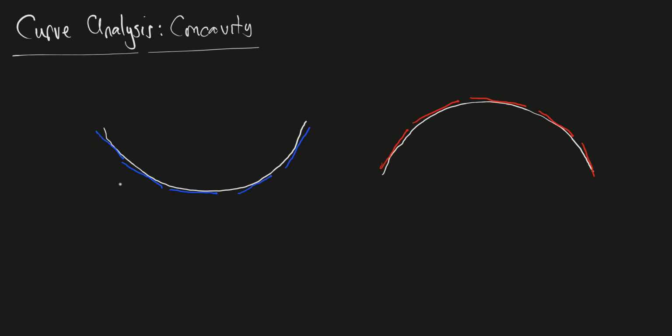What's interesting is that no matter what portion of the graph I drew the tangent lines on, we know that they touched the graph, but it looks like the tangent lines are actually supporting it. It's almost like the tangent lines are holding up this graph, pushing the graph up. Notice how all the blue lines either touch the graph or they're below. You can see these little gaps between the curve and the tangent line.